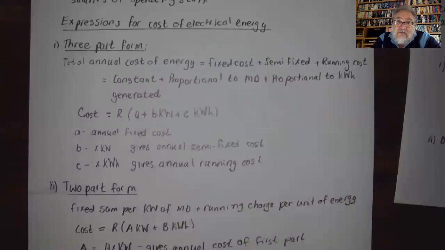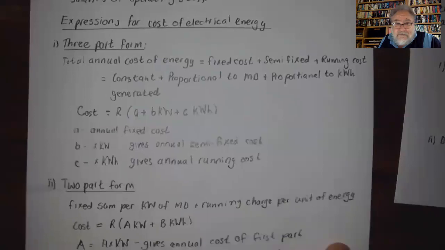So therefore the cost in rands is A plus B kW plus C kWh. A is the annual fixed cost. B times the kilowatt gives the annual semi-fixed cost. And C times the kilowatt hour gives the annual running cost.